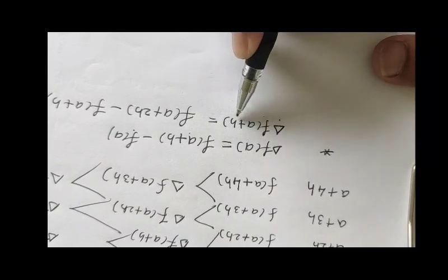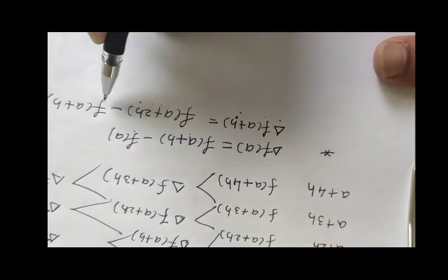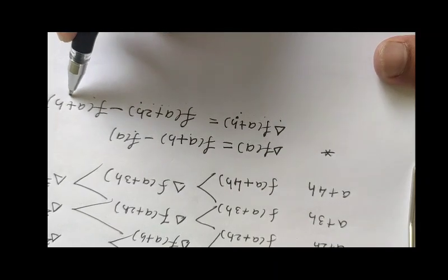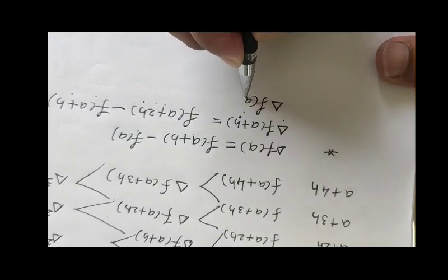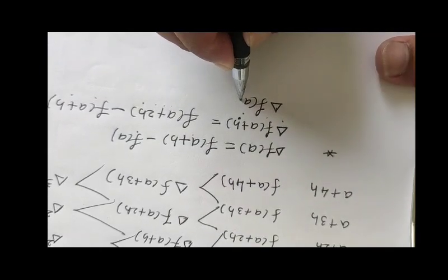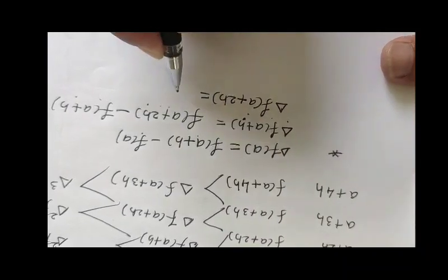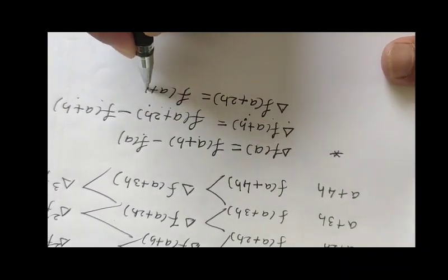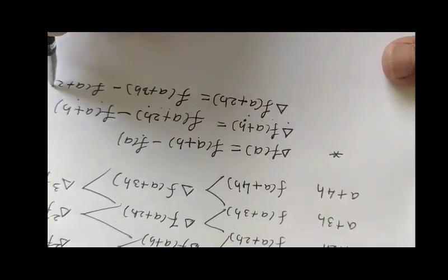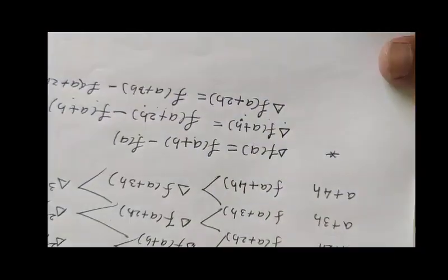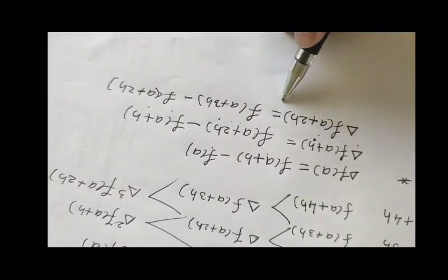So f of a plus h, increased again by h, gives f of a plus 2h, and after that we subtract f of a plus h. Similarly we can find delta f of a plus 2h, which means f of a plus 3h minus f of a plus 2h. This is the difference delta f of a plus h.